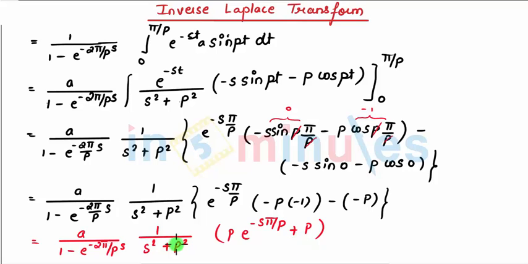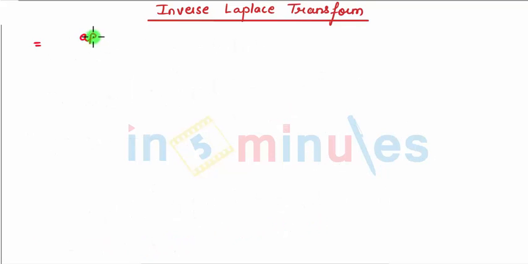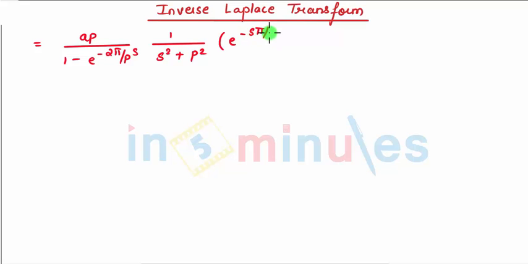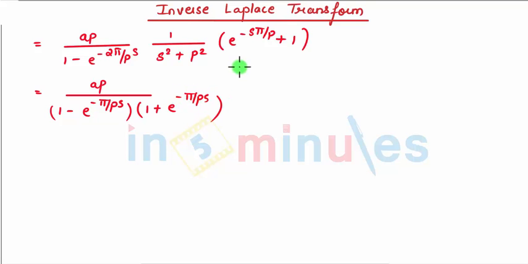So at the next step I can take p common here, p times e raised to minus s pi by p plus 1, so I get ap divided by 1 minus e raised to minus 2 pi by p s, times 1 divided by s square plus p square, and inside I'll be getting e raised to minus s pi by p plus 1, which finally changes to ap divided by, this term is nothing but 1 minus e raised to minus pi by p s into 1 plus e raised to minus pi by p s, times 1 upon s square plus p square, times e raised to minus s pi by p plus 1.